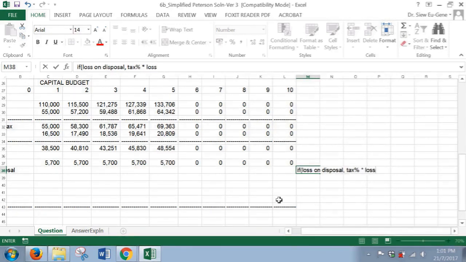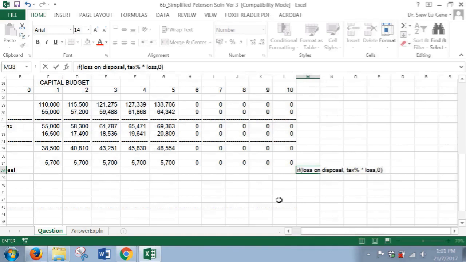Right? If a loss on disposal, tax rate multiplied by the loss. Otherwise, it is 0. I don't have to pay any taxes if I don't make a profit or I don't make a loss.